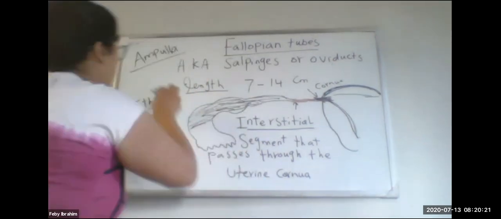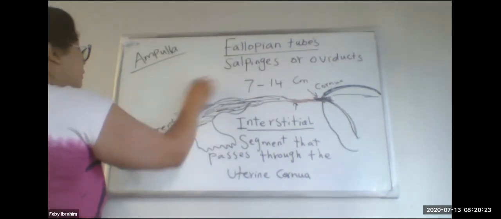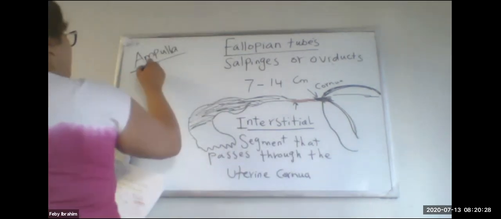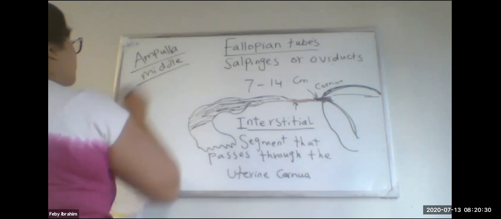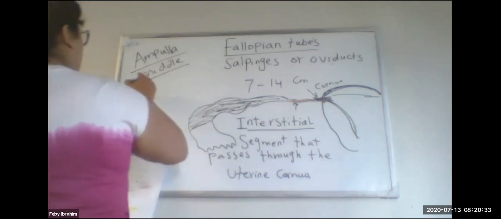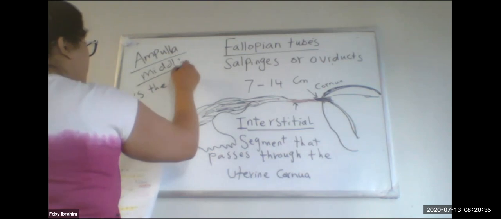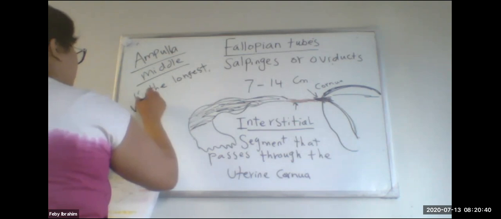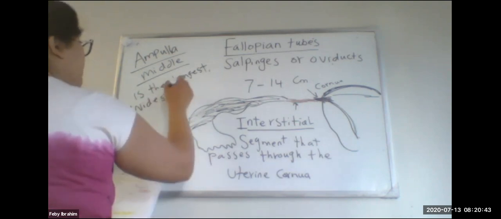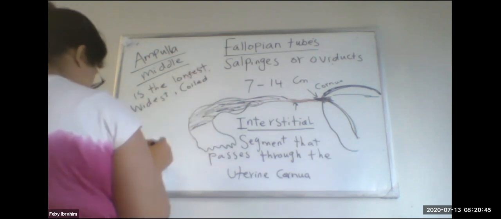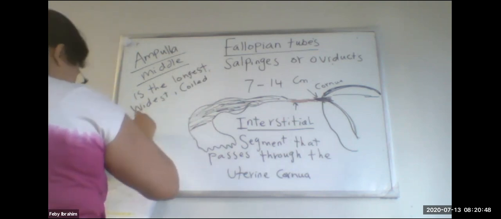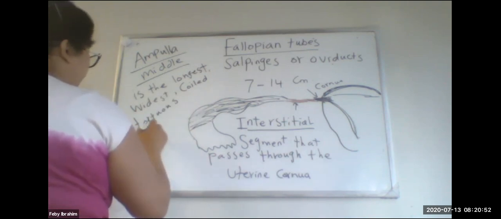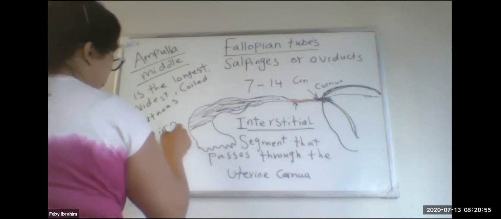Let me write it down for you. It's important. Ampulla. This one is the middle segment. And the ampulla is the longest, and the widest, and the most coiled, and the most tortuous portion of the fallopian tube.